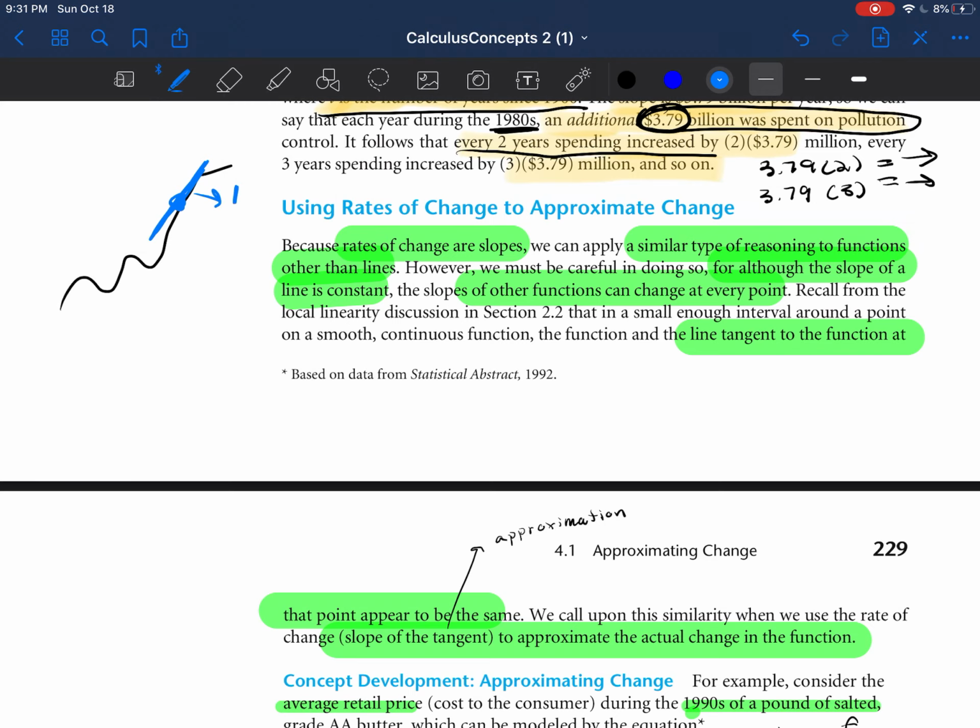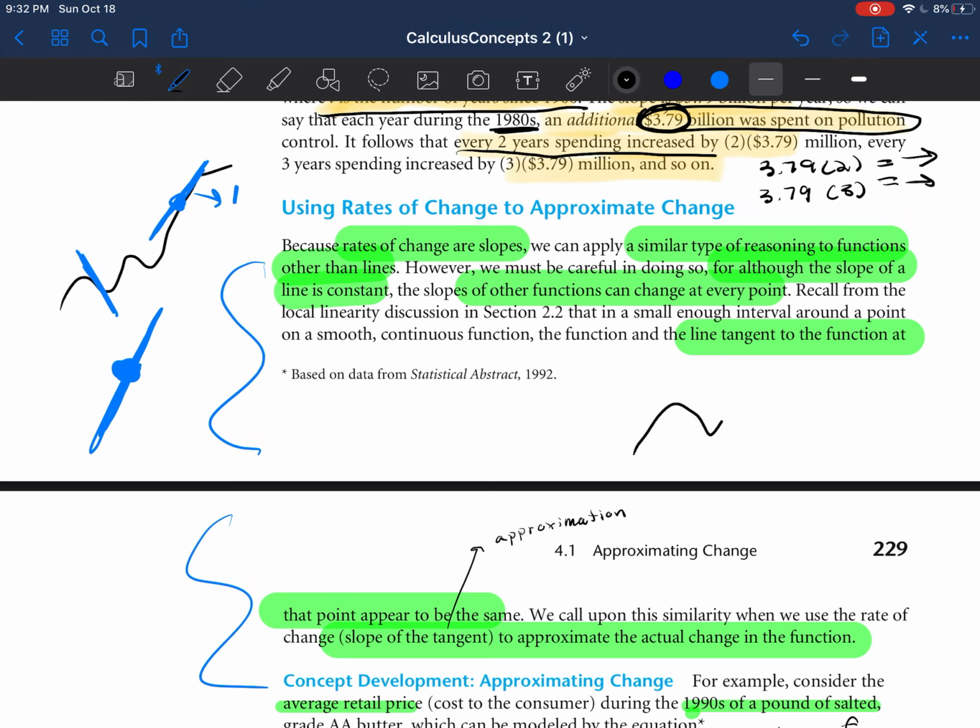But if you go here, the slope is drastically different. What this is saying is that the further you move away from the point of tangency, the less likely the derivative is going to be an accurate representation of the rate of change.